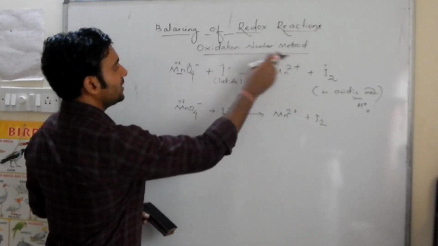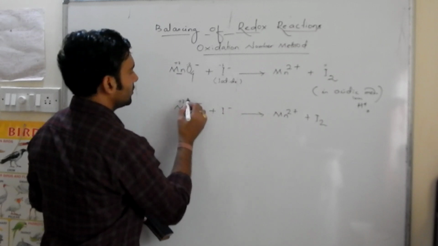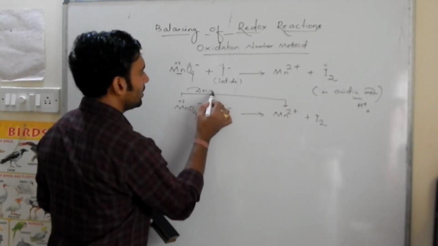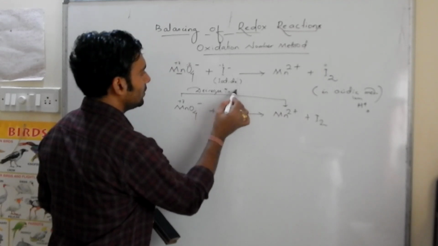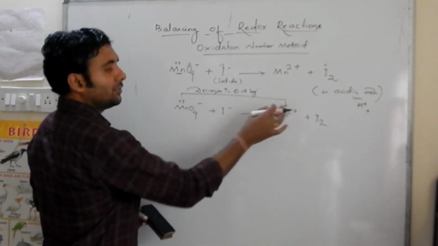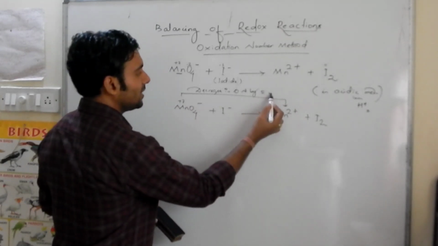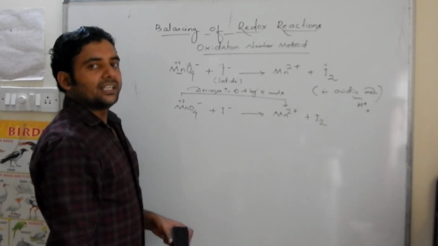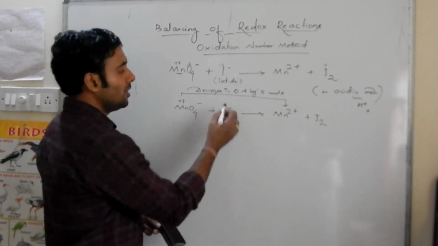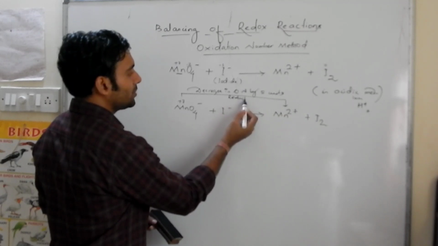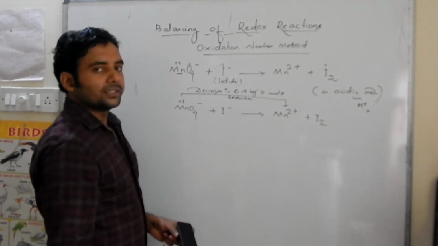So there is a decrease in oxidation number. By how many units? 7 to 2 means 5 units. So there is a decrease in oxidation number by 5 units, and decrease in oxidation number refers to reduction. So you can say permanganate ion is reduced to manganese 2 plus.